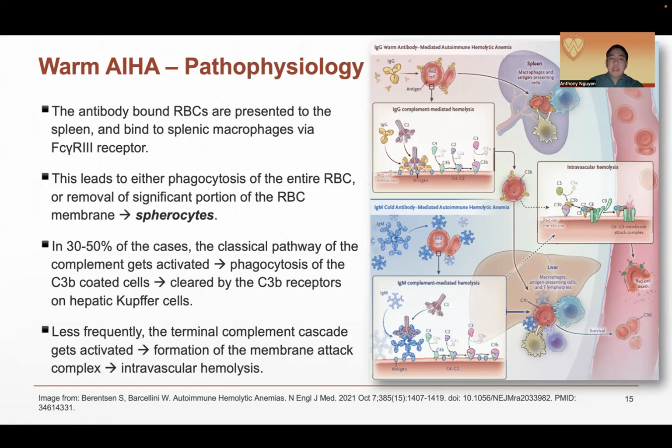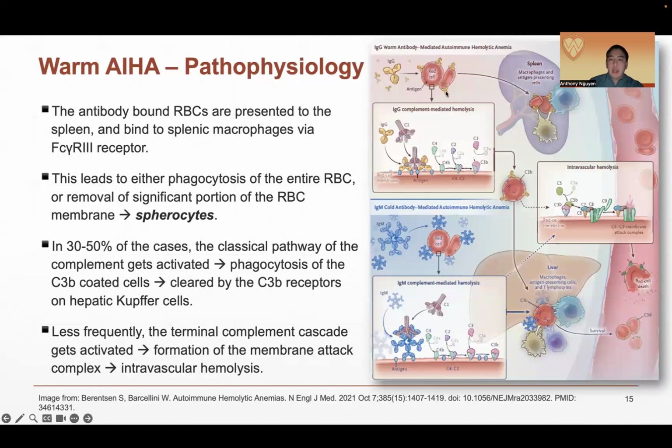In 30 to 50% of cases, the classical complement pathway will be activated, and phagocytosis, or eating up, of the red blood cells will be mediated by C3b complement-coated red blood cells. And these are cleared by the spleen and also by hepatic Kupffer cells. And then less frequently, the terminal complement cascade can get activated, and this forms a MAC attack complex and leads to intravascular hemolysis.